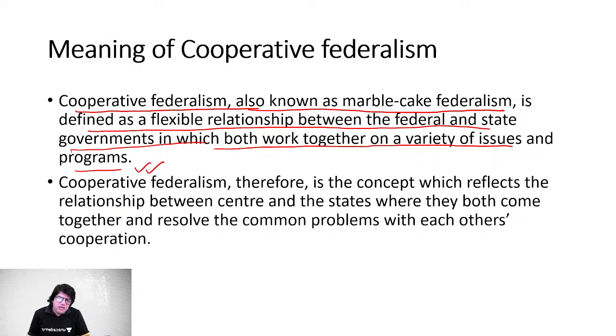So obviously we have to have a united India, a great, wonderful, vibrant India, and for that purpose states have been given certain powers under the very scheme of the Constitution.